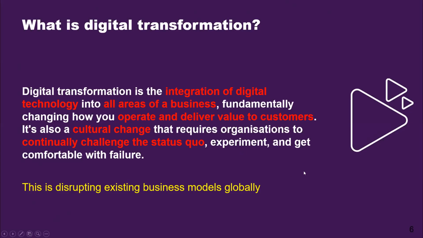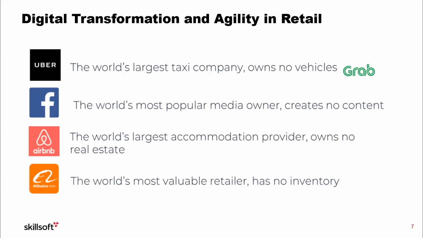Now, we saw some examples of that in that video that I showed, but here are some other examples just in the retail space here. And if we look at a company like Uber, which in most parts of the Asia Pacific region has been taken over by Grab.